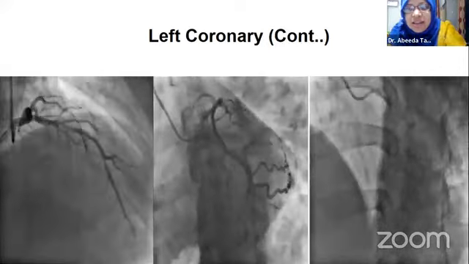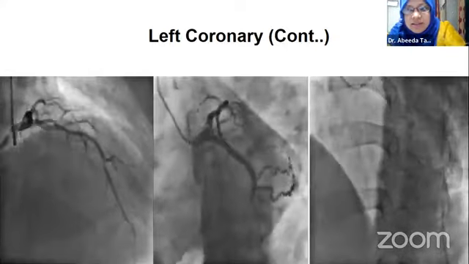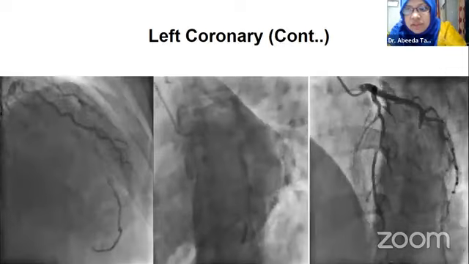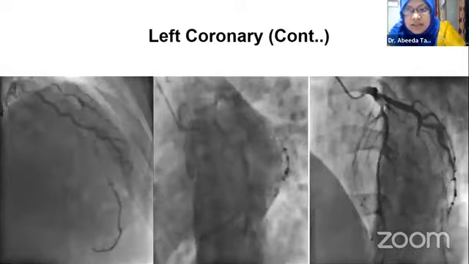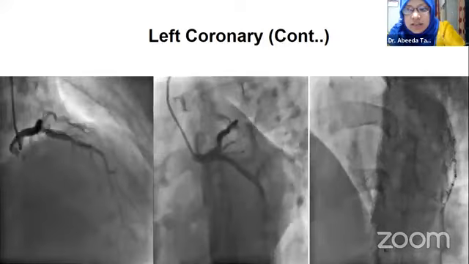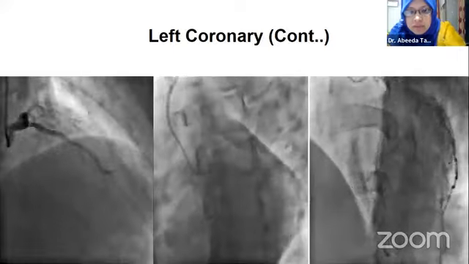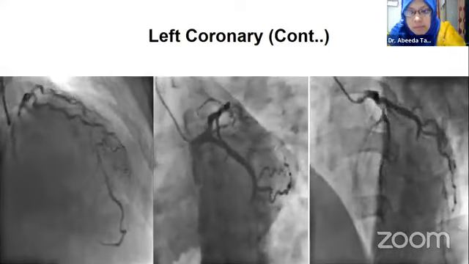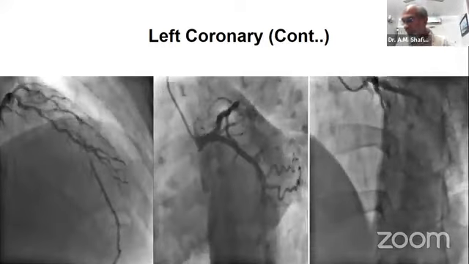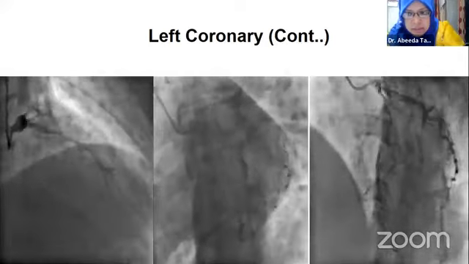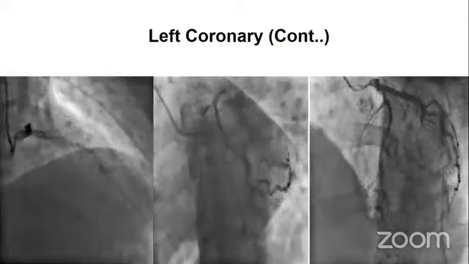In the right-sided ECG, there was right ventricular infarction present, but here the RCA is non-dominant and LCX is the dominant one. So is it possible that LCX is supplying the right ventricle? Sorry, the LCX is dominant, right? Yes, sir. The LCX is the dominant one. So that explains that the LCX is playing a role.